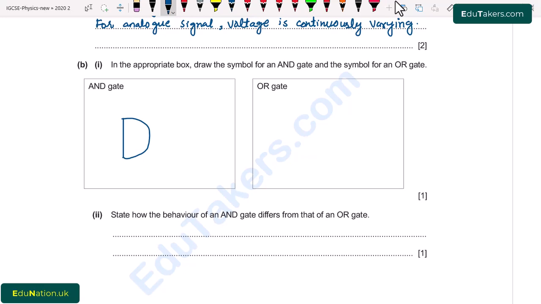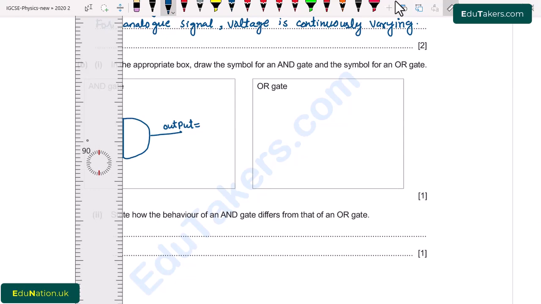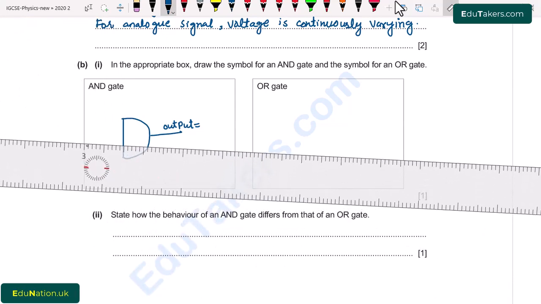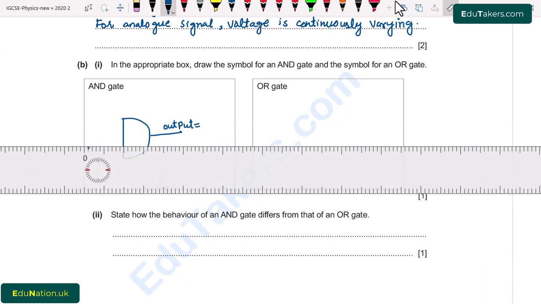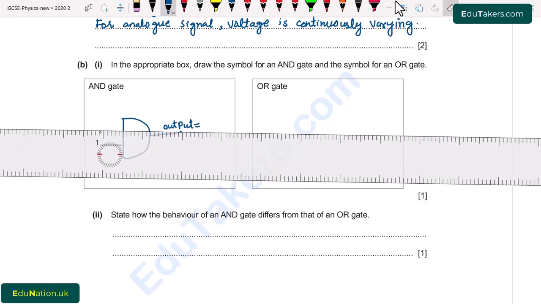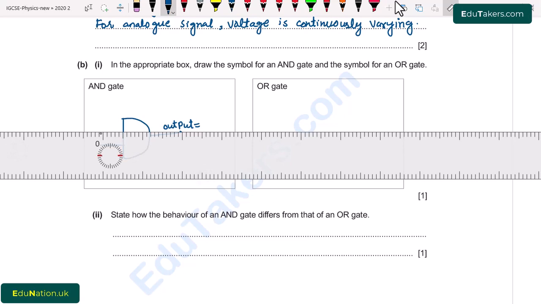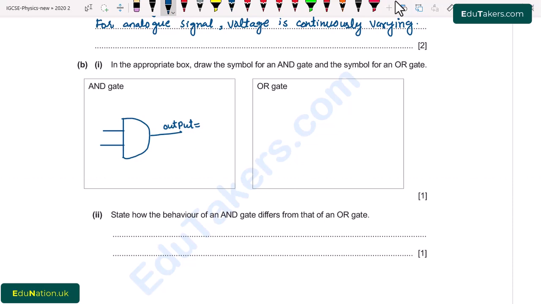It has two inputs and single output. Let's suppose it is input A and it is B. For AND gate, output will be equal to A and B.